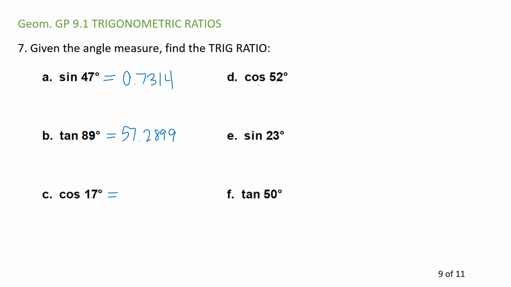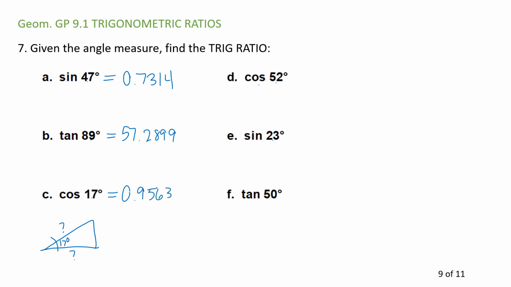Go to your calculator and type in, what's the cosine of a 17-degree angle? Well, the cosine of a 17-degree angle is equal to the measurement of that side divided by the hypotenuse. Somebody's already done that for me, and they found out that that ratio simplifies down to this 4-digit number.